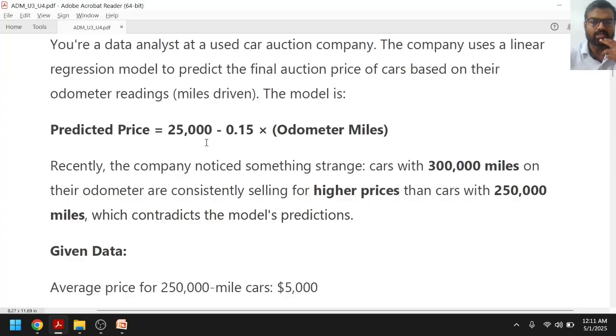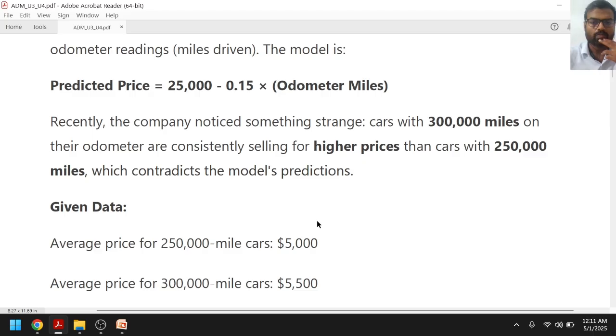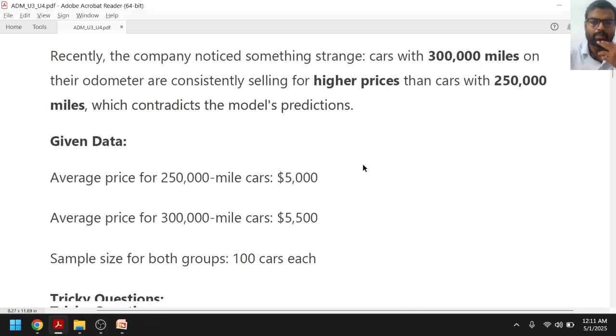So the predicted price is based on the auctioning, whether they are used cars, very luxury cars, or refurbished, trendy cars. Whatever the company does, they are predicting prices.